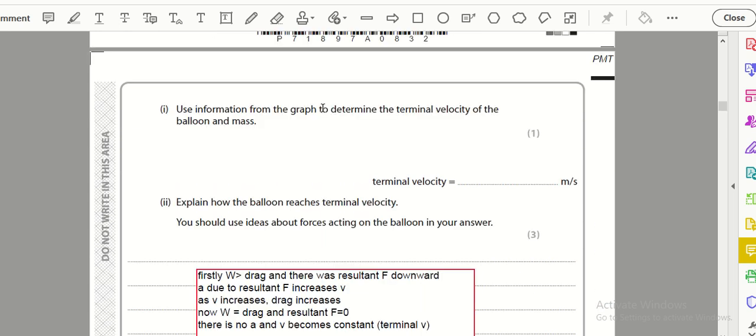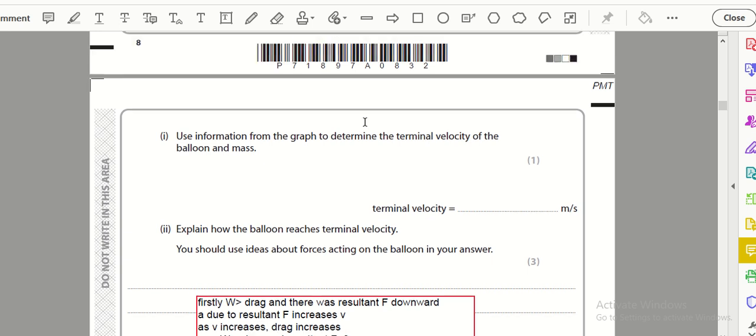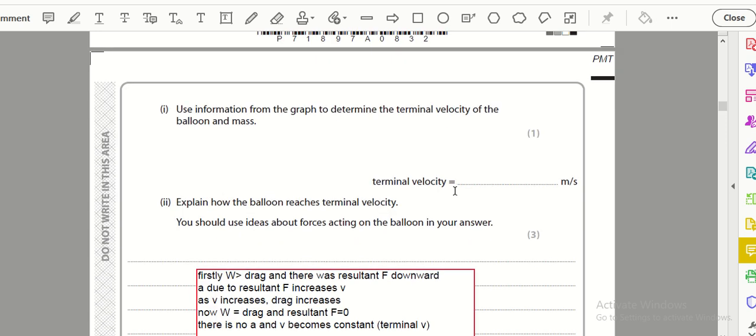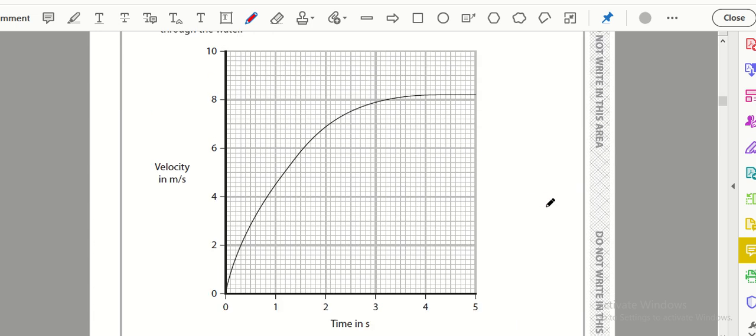Use information from the graph to determine the terminal velocity of the balloon and mass. It's 8 over 1 small square, and every small square here is 2 over 10, which is 0.2. So the terminal velocity is 8.2 meters per second.